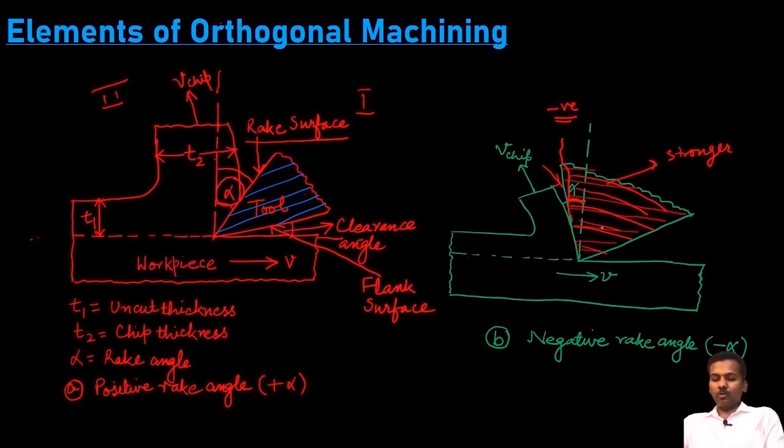In that case, if we maintain a positive rake angle, because of the jerk and thrust, it may fracture. That is why we need to select a negative rake angle if we are machining some harder material with a harder tool.